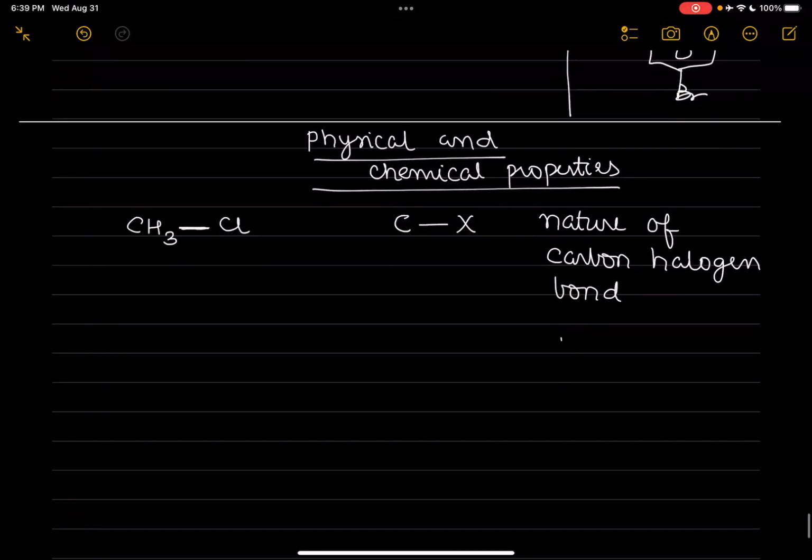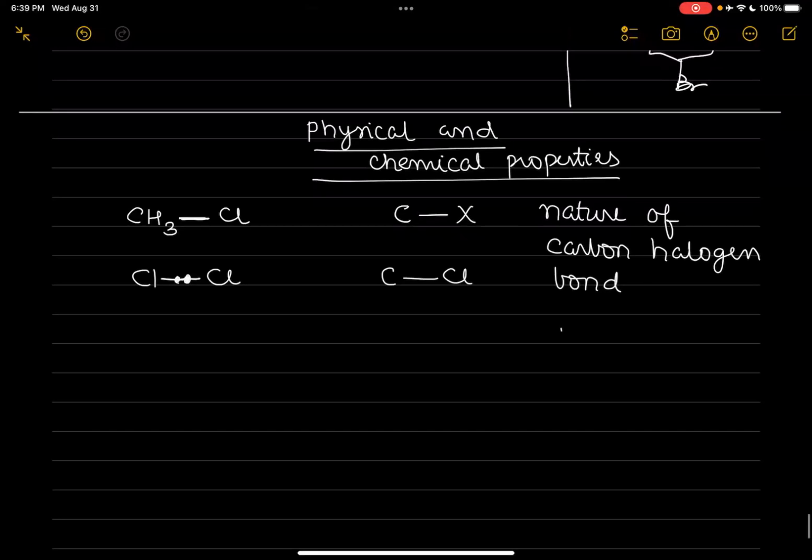Suppose you have a chlorine bond between Cl2. Both the atoms are the same, and the bonded electrons will be exactly in the middle, in the center. But if you take a carbon and chlorine bond, chlorine has more non-metallic character because it has 7 valence electrons. So it has more tendency to pull the bonded electrons towards itself.